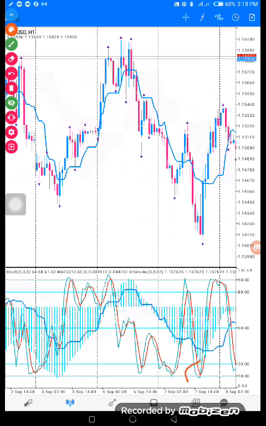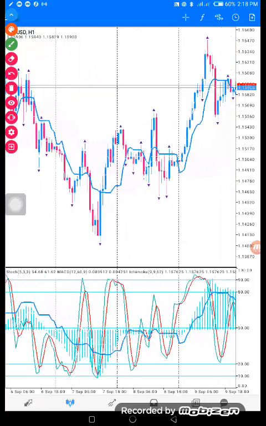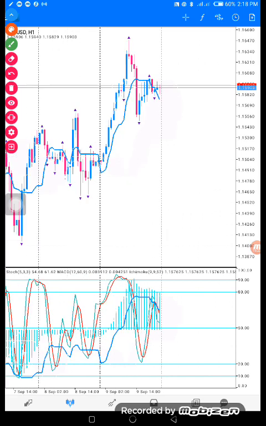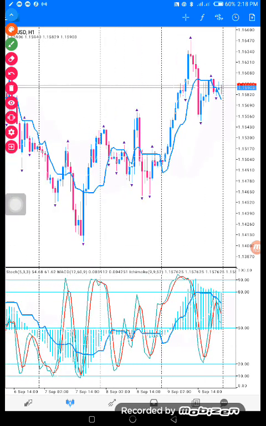You see this one here, because of the Ichimoku, it has gone down here.